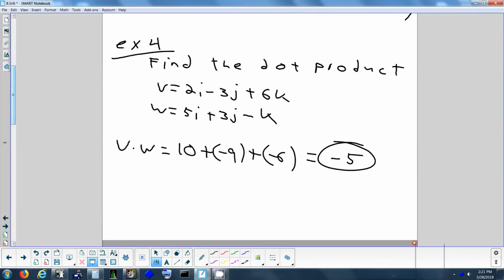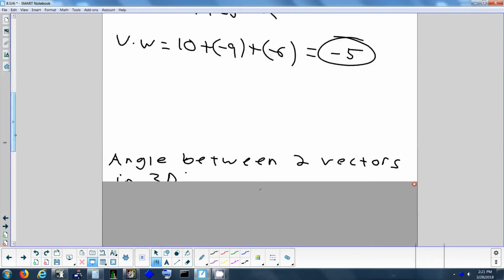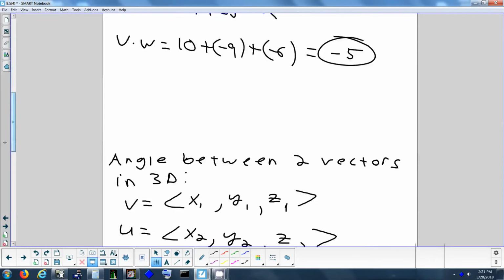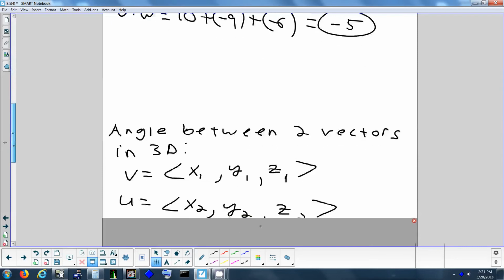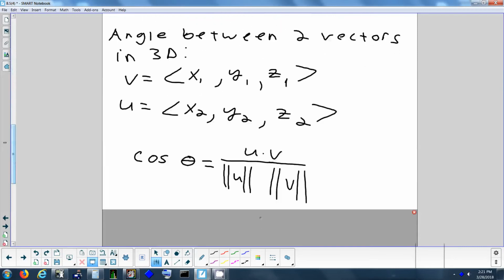All right. So the last thing we did in 2D was finding the angle between vectors. It turns out the formula is the same. There's no change in how the formula looks. What's different is the parts of the formula.